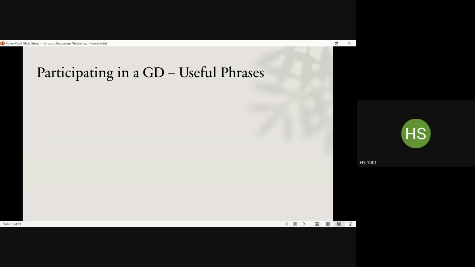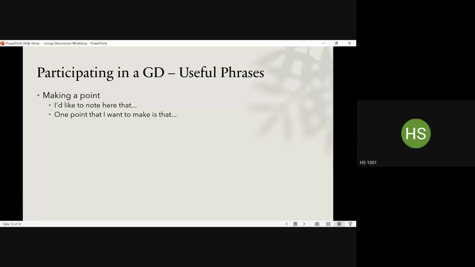These are some handy phrases that you can use when you are participating in a group discussion. Now, this is something that we discussed yesterday. Students are almost always very willing to participate in a group discussion.